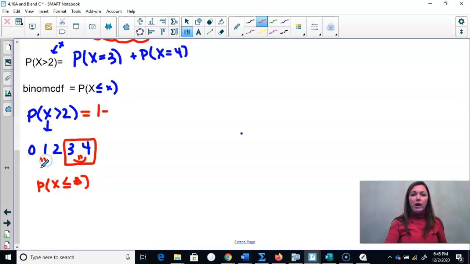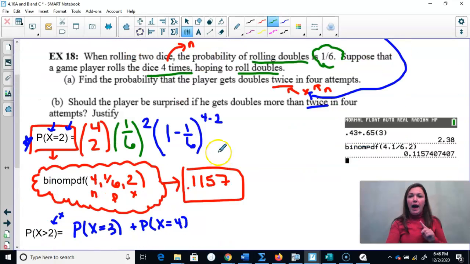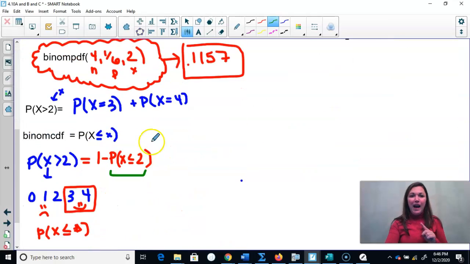We don't want 0, 1, or 2. That's the probability that x is less than or equal to 2. Now, because I have it set up as the probability that x is less than or equal to 2, I can use this binomial CDF.